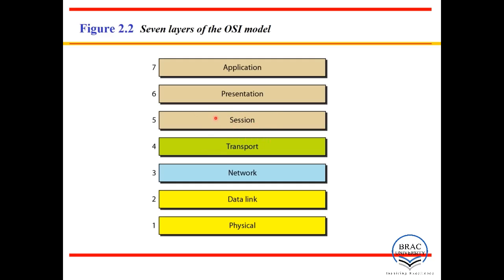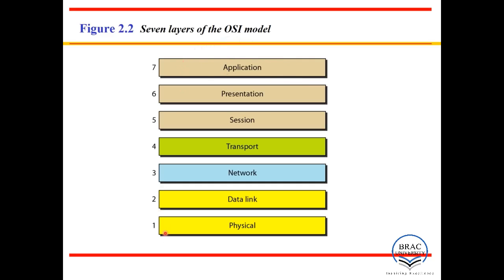In the fifth layer, which is the session layer, we'll talk about synchronization, logging, and so on. In the presentation layer, we will talk about encryption, compression type of tasks, and lastly the application layer. Here we'll talk about protocols such as HTTP, and mail interfaces such as Gmail.